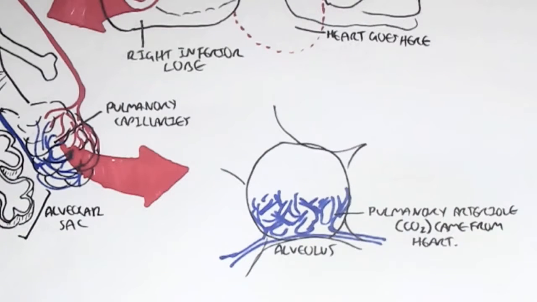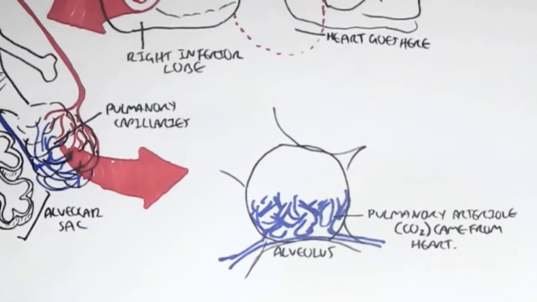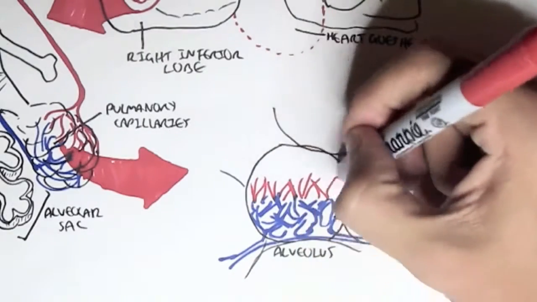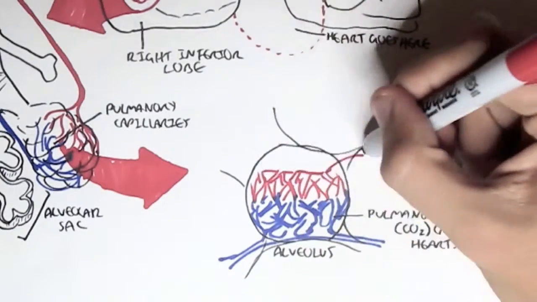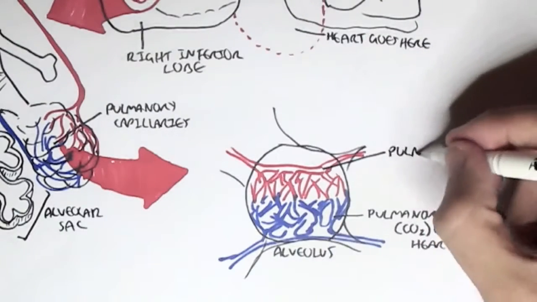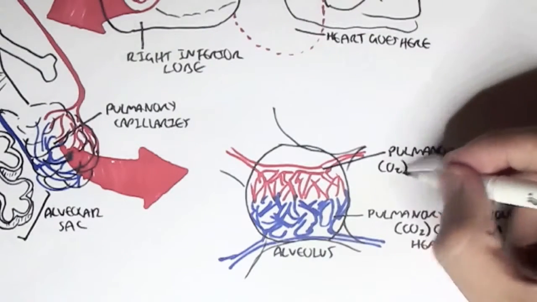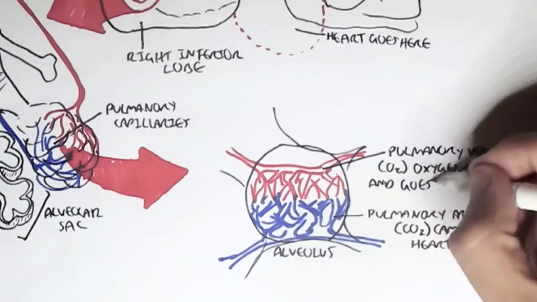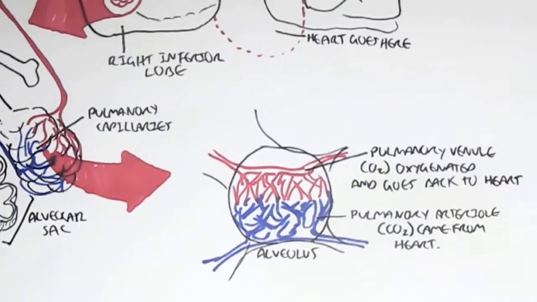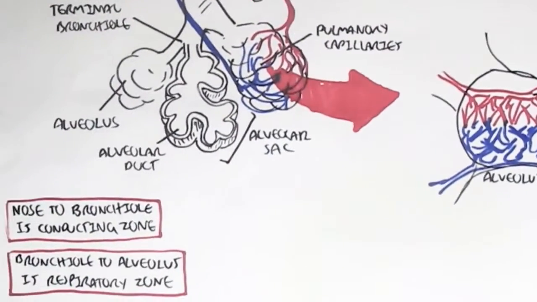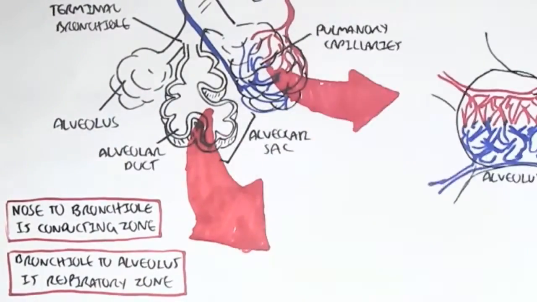The alveolus will give the capillaries new oxygen, so it will reoxygenate the blood supply. This new oxygen will then leave the alveolus as a pulmonary vein, because the pulmonary vein will go back towards the heart. And this pulmonary vein contains new oxygen, so it's oxygenated. Now that's a very important concept to understand.